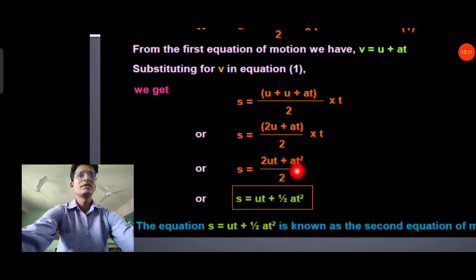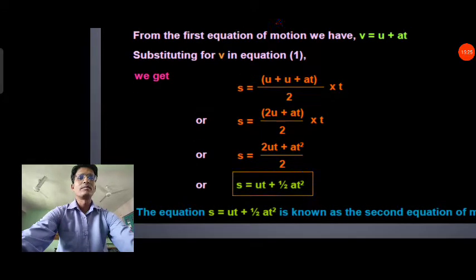Therefore, the second equation of motion is s is equal to ut plus 1 by 2 at square.